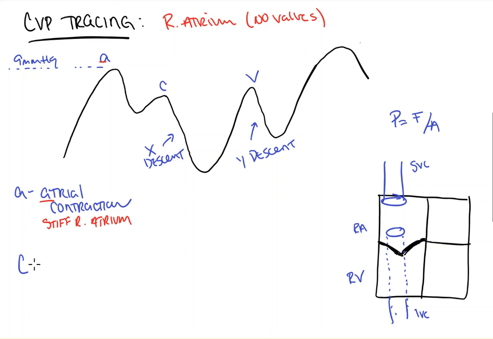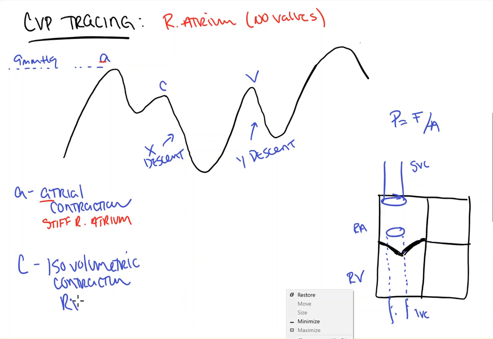Next is our C wave, and our C wave is representative of isovolumetric contraction of the right ventricle.